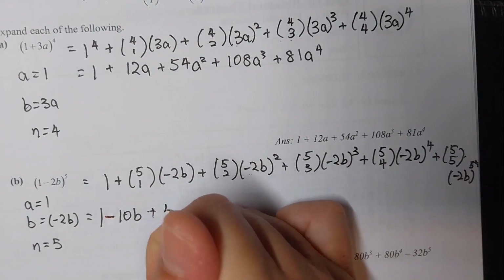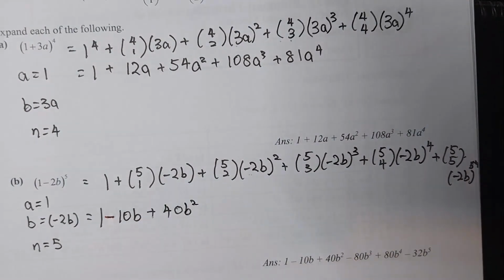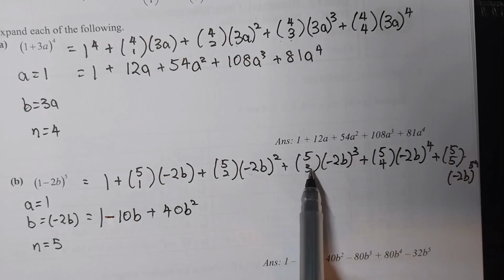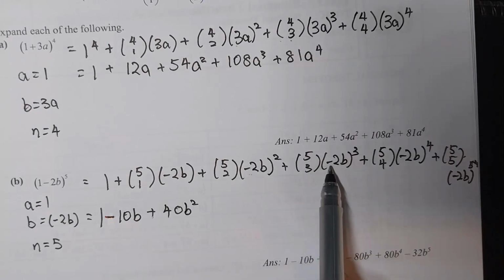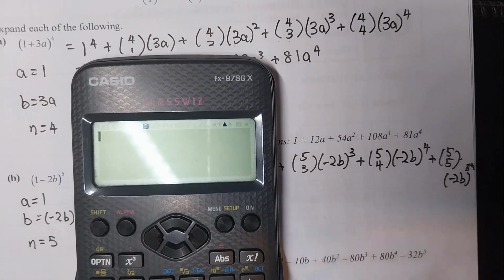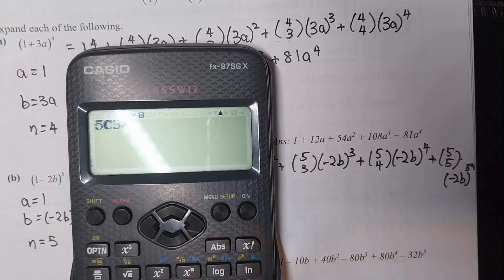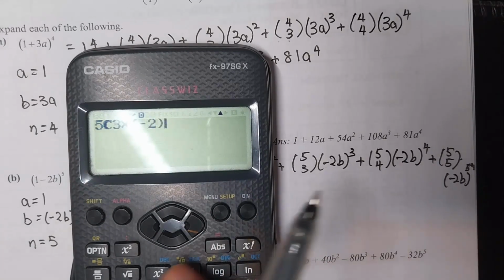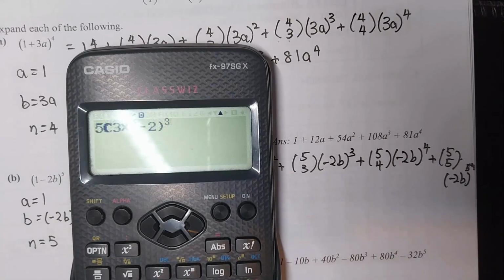So it's positive 40b square. And if we press 5 choose 3 multiplied by negative 2 cubed. Okay, let's show you one more time. 5 choose 3 multiplied by negative 2 cubed. Please remember to press the brackets.